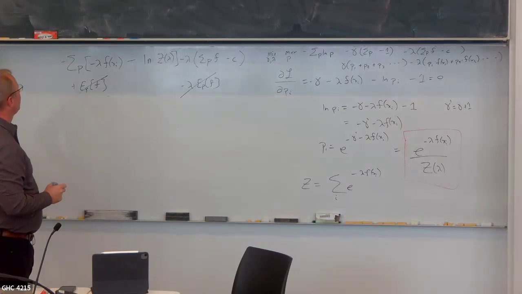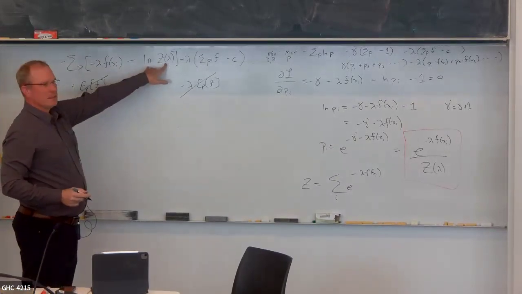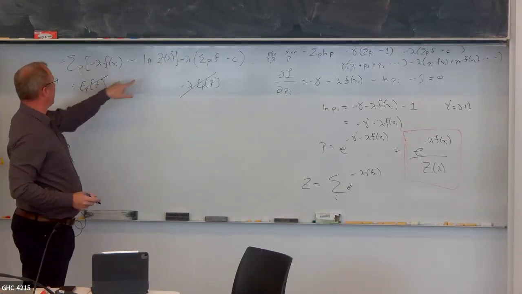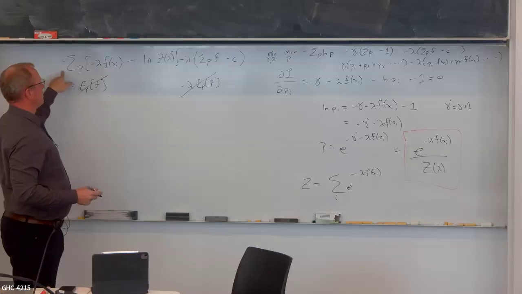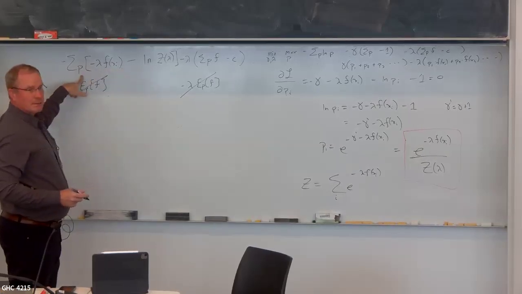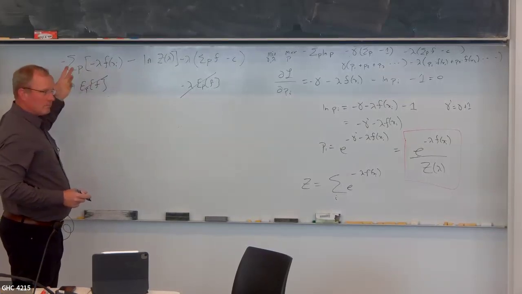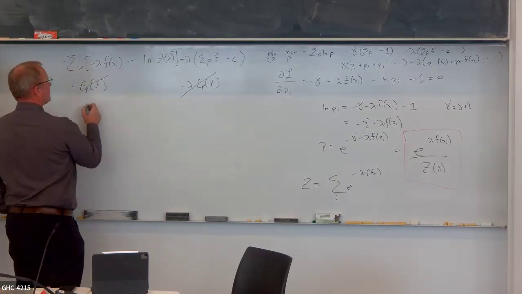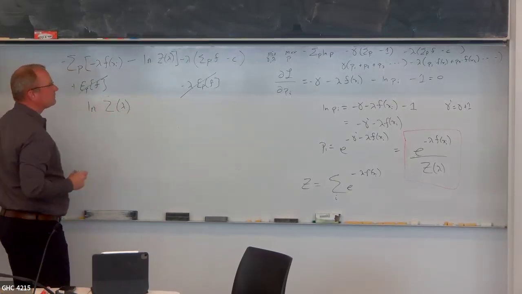And so the whole thing boils down, this is not a function of p. I can pull it out, right? So that it's plus log Z, sum p, right? What's sum p? 1, okay? So that whole thing boils down to log Z(lambda). Hopefully I got the sign right.